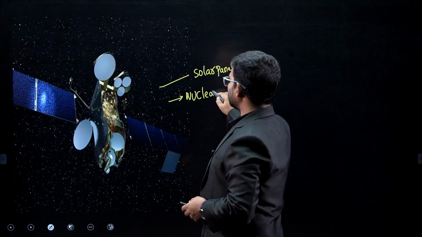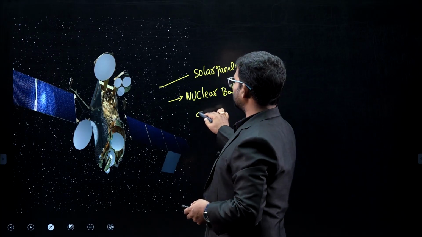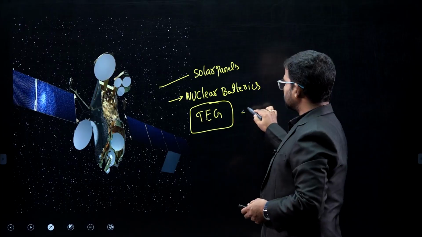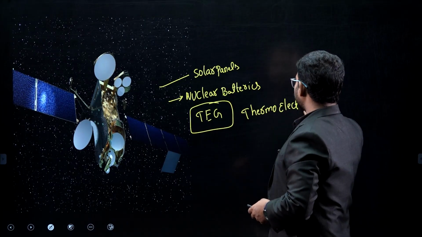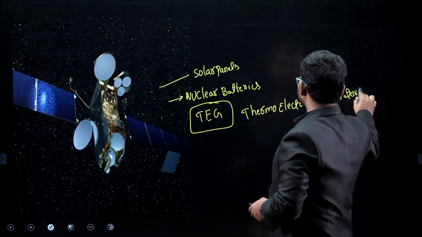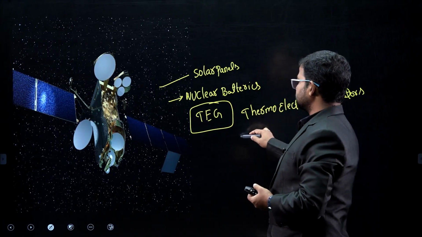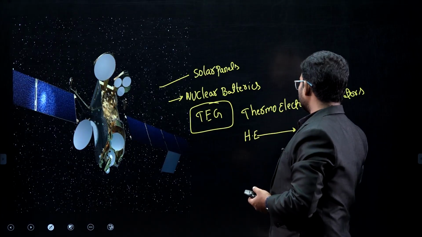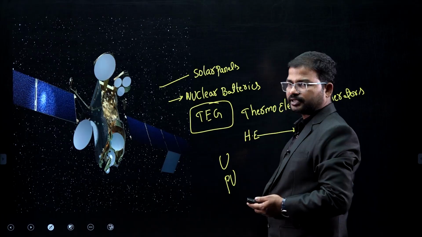These nuclear batteries are also called thermoelectric generators. What is the importance of thermoelectric generators? They convert heat energy into electrical energy. In these nuclear batteries we use either uranium or plutonium derivatives.